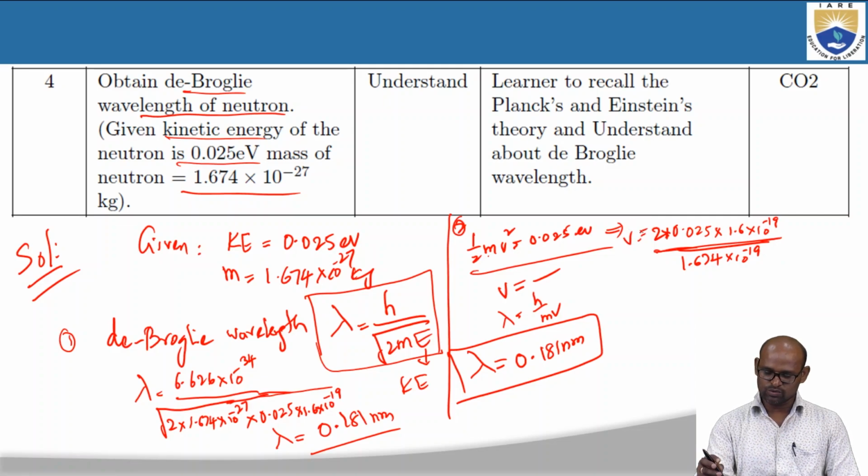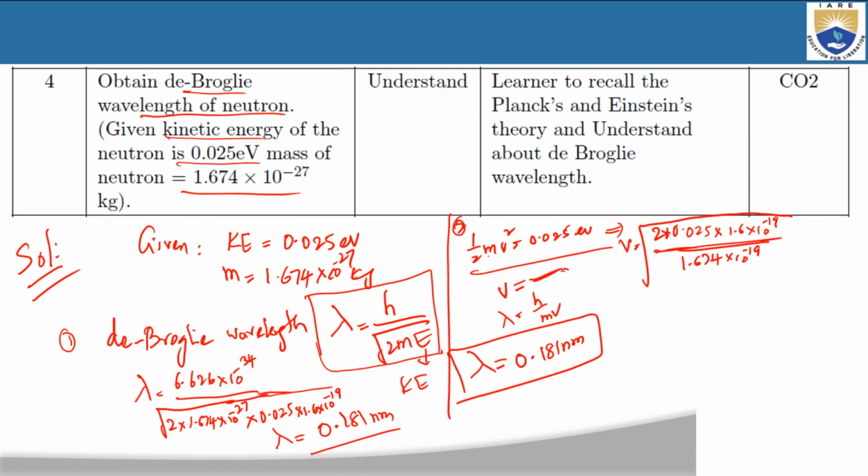So V will be the square root of all this. Once we get the velocity, we substitute it in this formula, where h is Planck's constant and m is the mass. The velocity is evaluated from this equation, and you will get lambda as 0.181 nanometers.